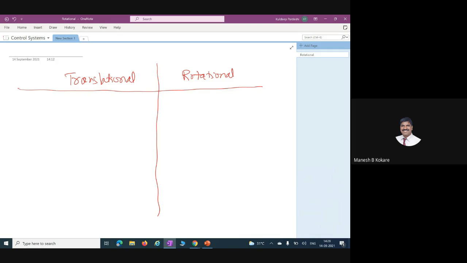If you see the one-to-one difference between the translational mechanical system and the rotational mechanical system, here the motion is linear, whereas here it is angular. Second, in a translational mechanical system, we apply force, which is one parameter.